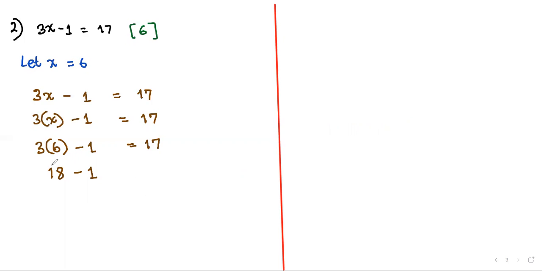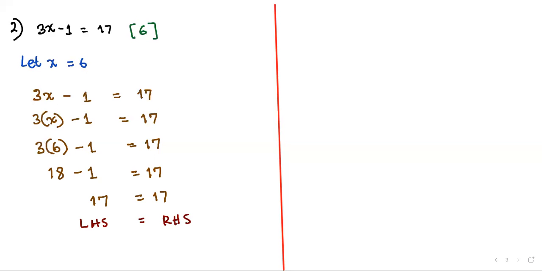So instead of saying 18 minus 1, I can say 18 take away 1 is equal to 17. Now, 18 minus 1 is 17, and this is 17. So you can note that the left-hand side is equal to the right-hand side.